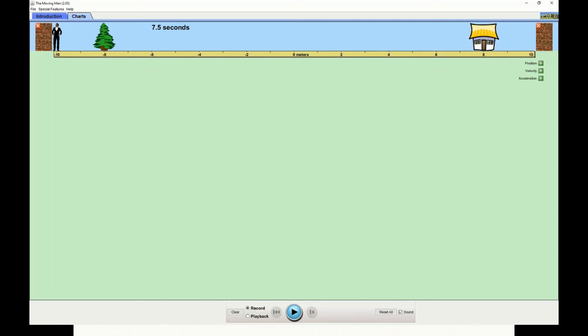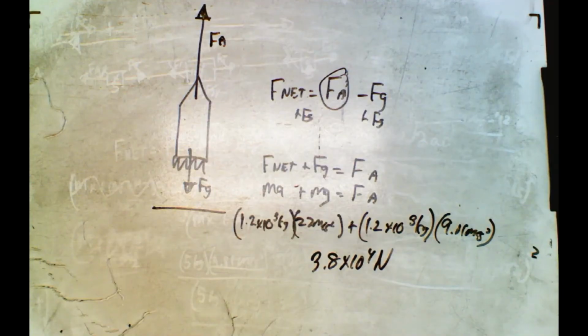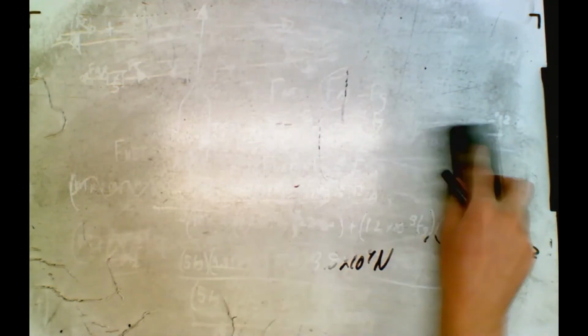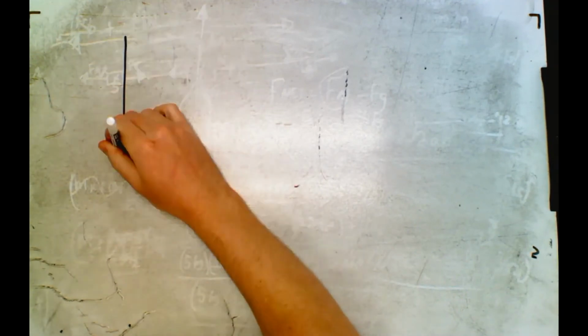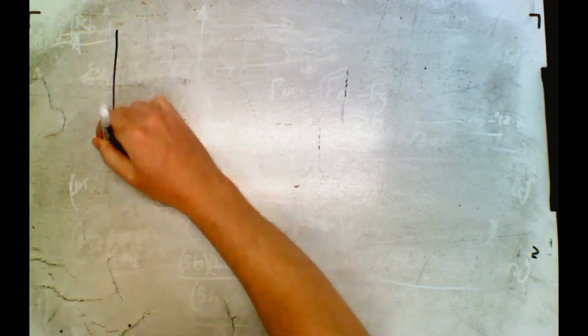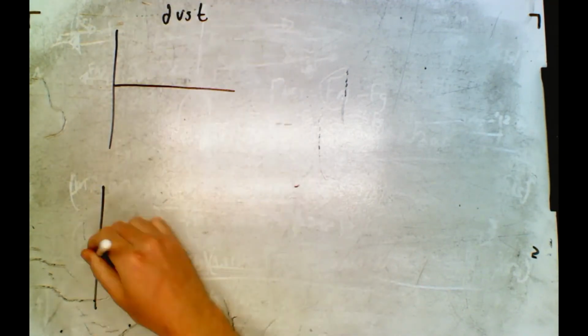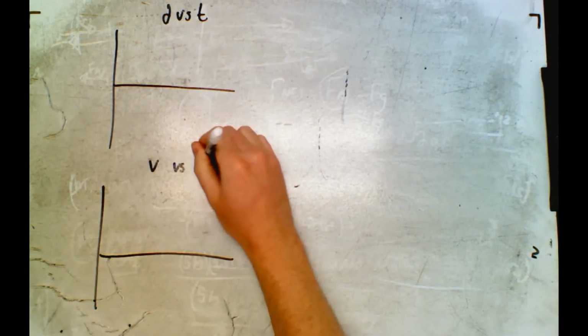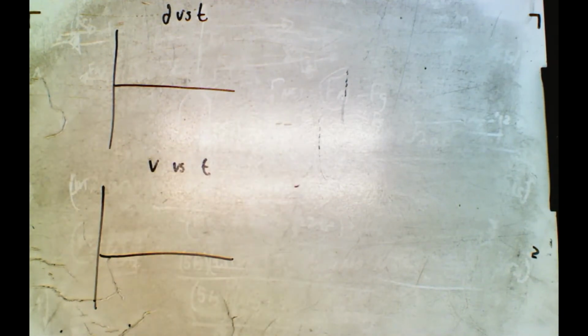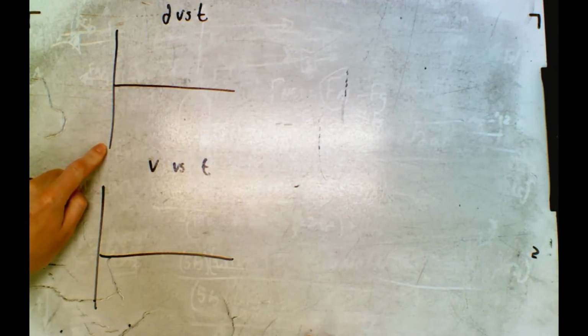So if he's just increasing his speed the whole time, let me draw this out for you. So you have to think of what your Y value looks like. So this is actually for both, we should draw them like this. So this is my D versus T, and this is my V versus T. So my Y value for a D versus T graph is where he starts.